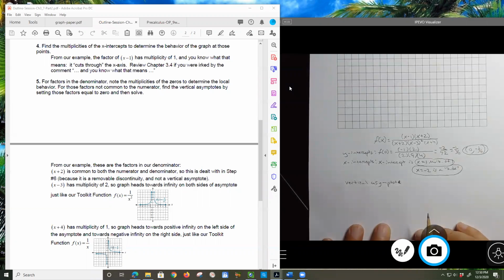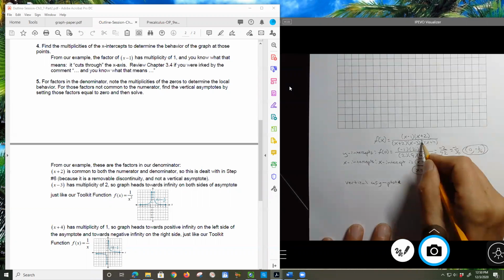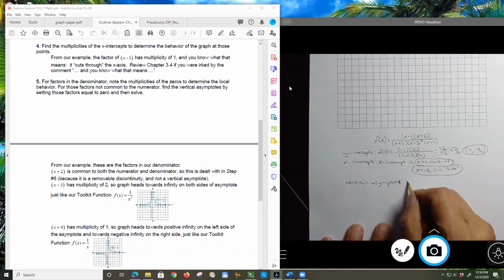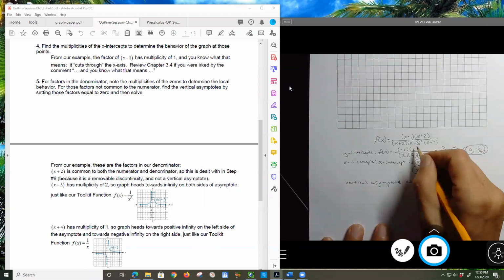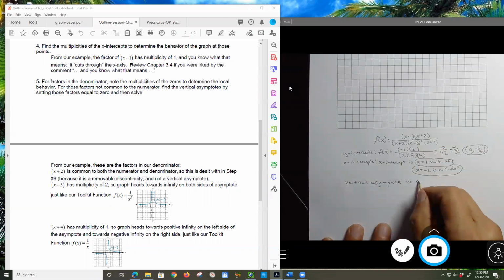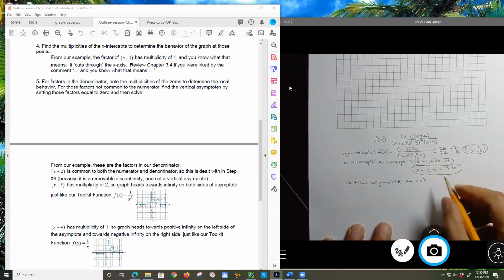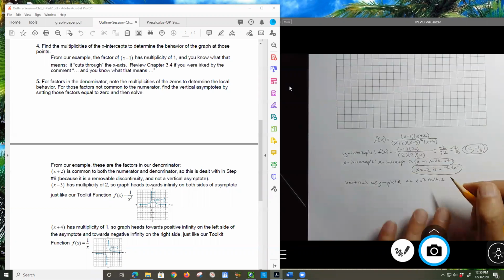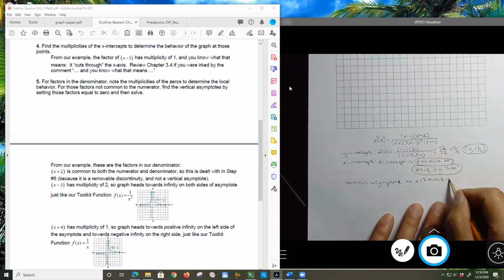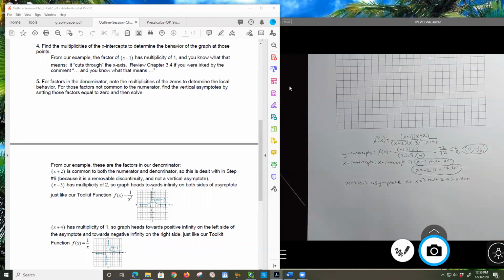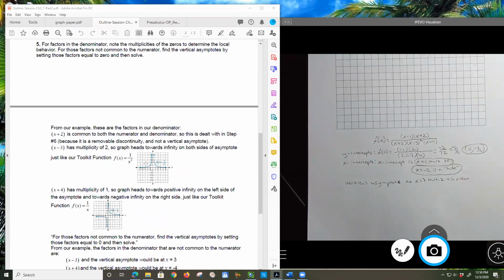Okay, so let's get to my vertical asymptotes. Let's do this one. So if I set this equal to 0, I'll have x equals 3. And notice that it's a multiplicity 2. So here's what I'm going to make a note to myself. Now going over here, see how that means that it's going to go to infinity in the same direction on both sides of the asymptote.